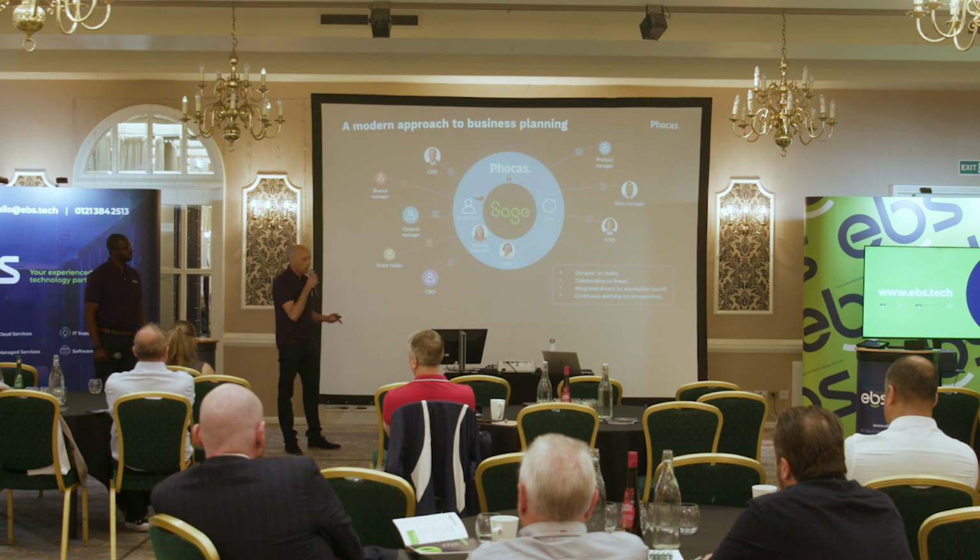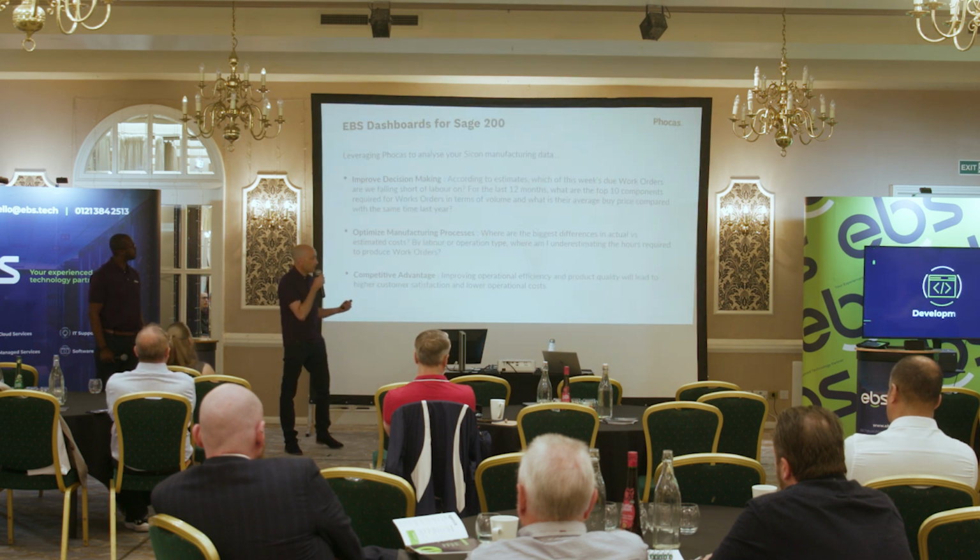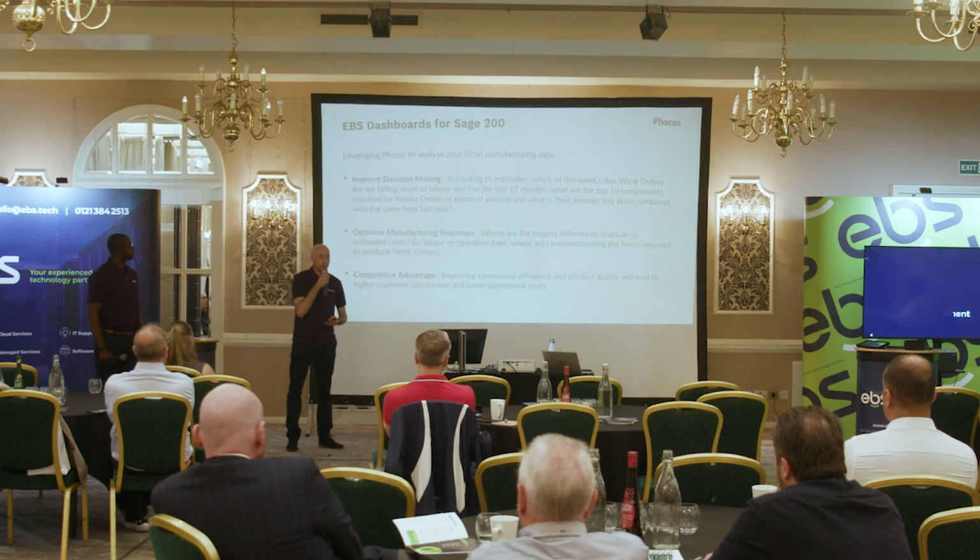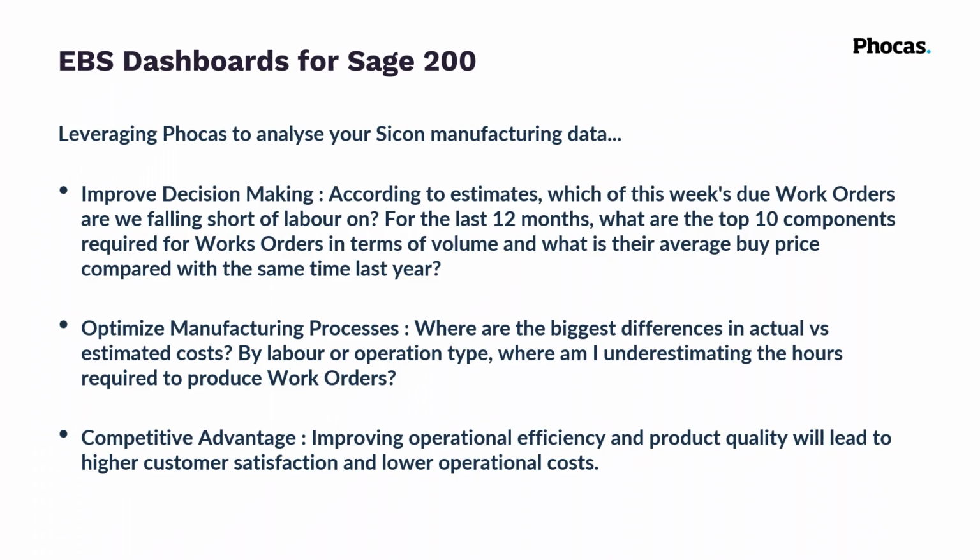So what I'd like to do is talk through a little project that I'm working on at the moment with the tech team at EBS around extracting the data that you've got within your Cycon systems around your manufacturing and getting that information into Phocas so you can analyse that further and get the KPIs and the metrics that you're interested in.